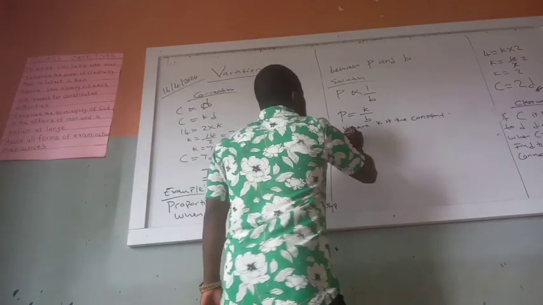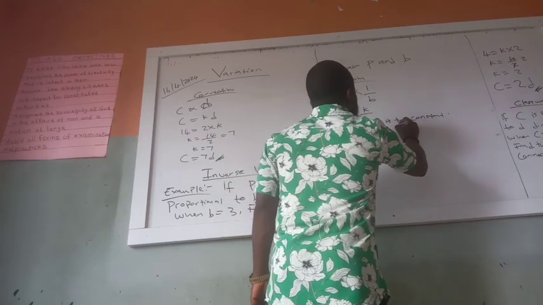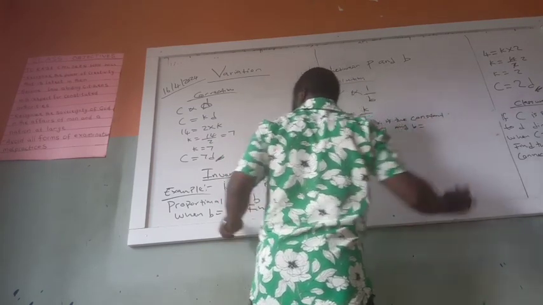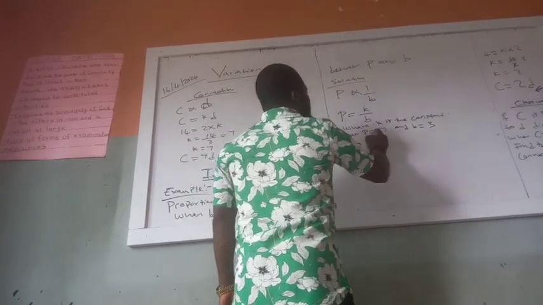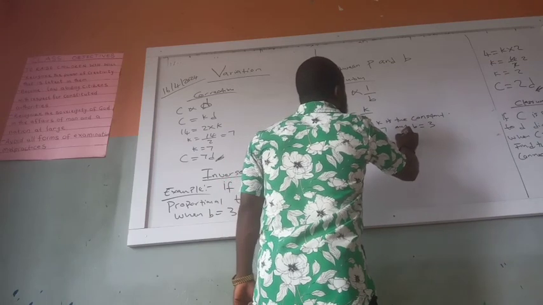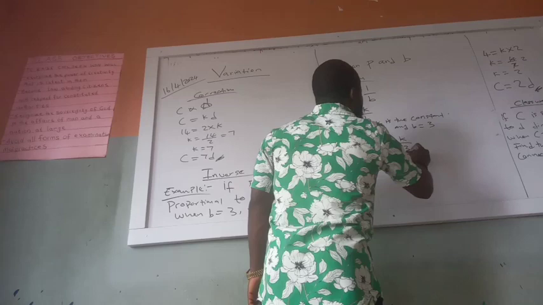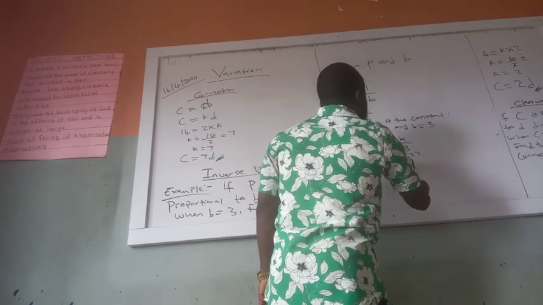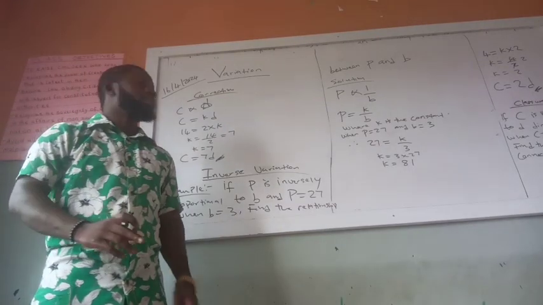They are now saying when P equals 27 and B is equal to 3, then we have 27 equals K over 3, which means K is equal to 3 times 27. And K will give us 81. Am I correct? Yes.